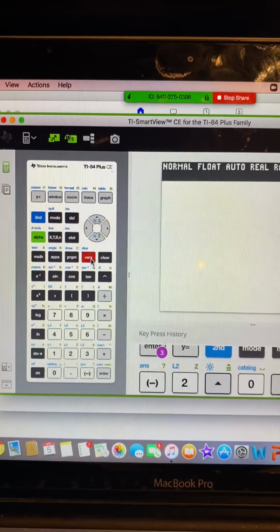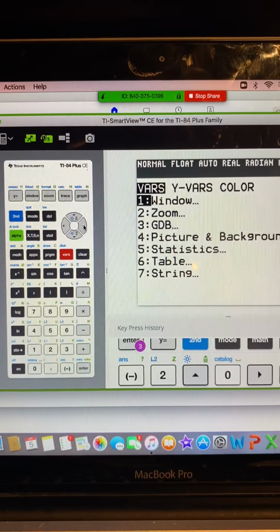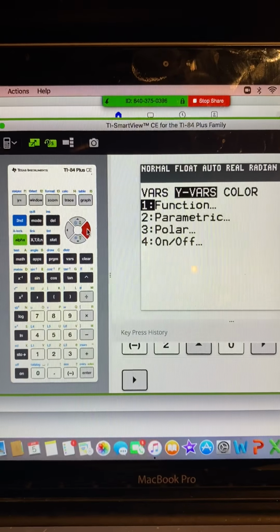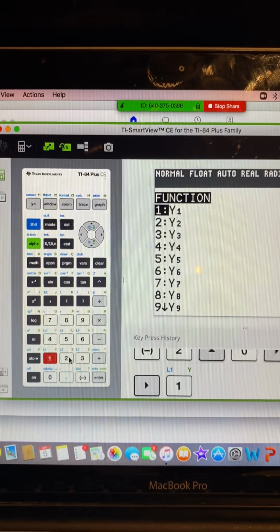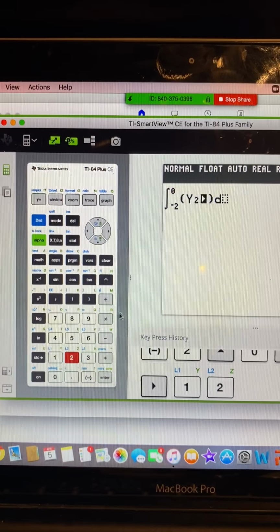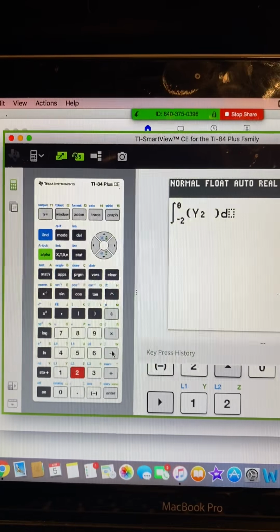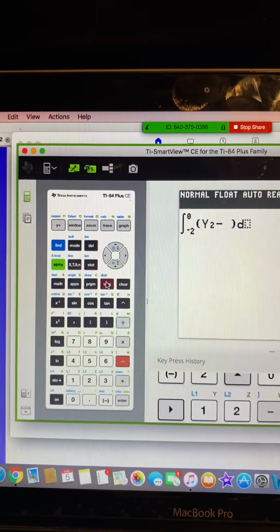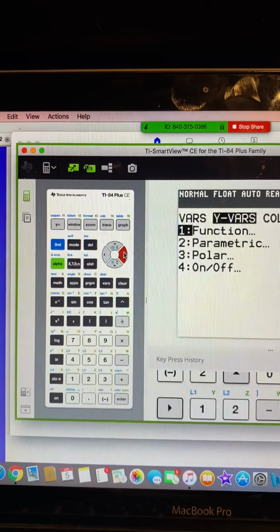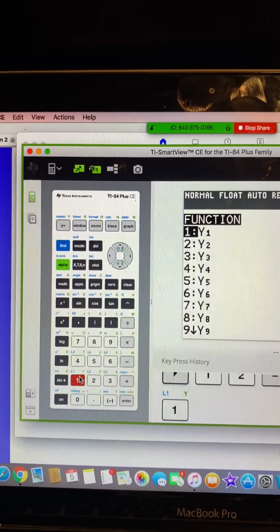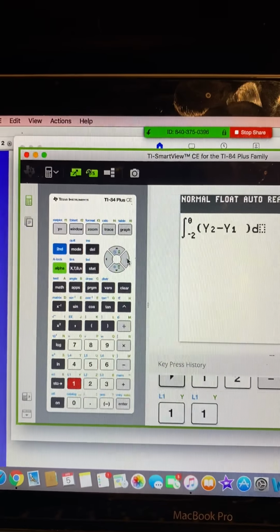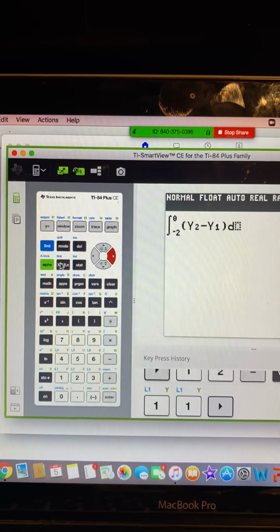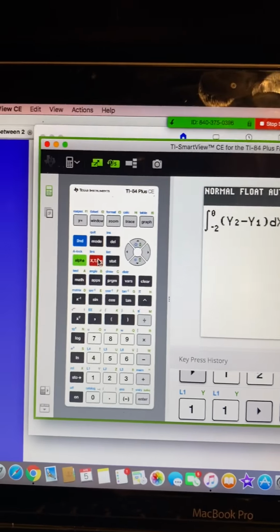Vars, go over to y vars, function, number 2, minus vars, y vars, function, and 1. And again, arrow over, don't forget the dx because it won't work without it.